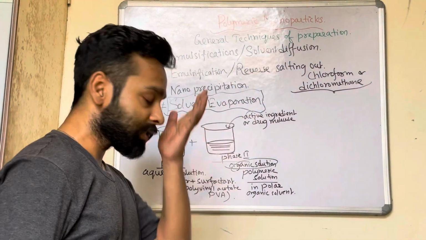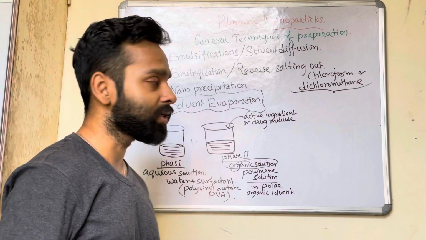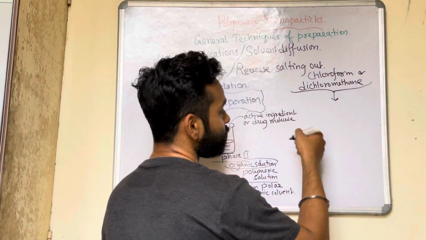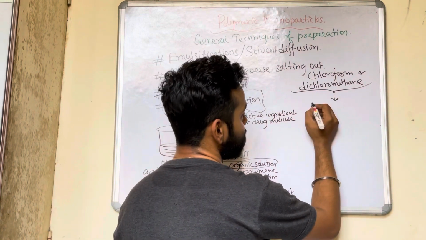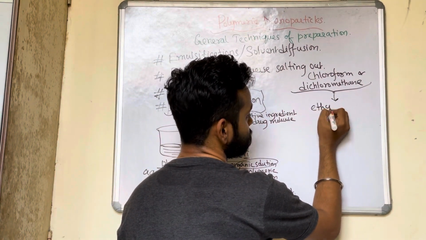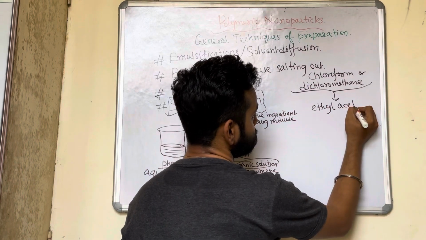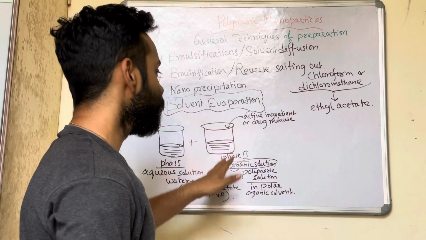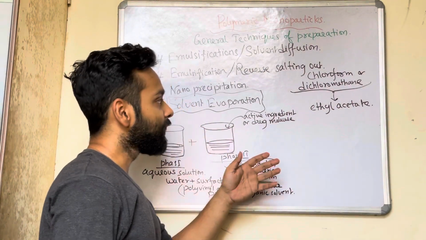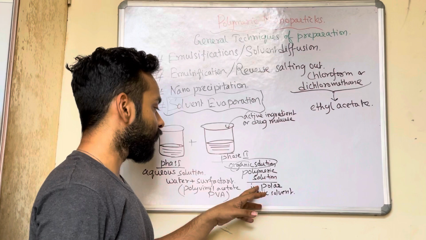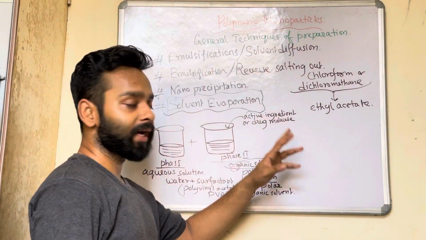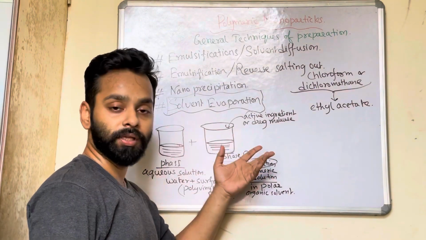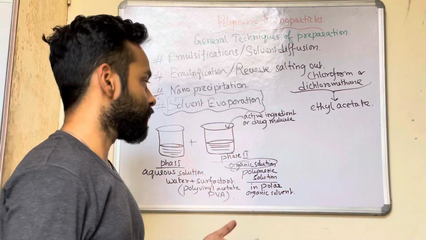But since these solvents have associated toxicities, these have now been replaced by milder solvents such as ethyl acetate. So the polymeric solution will be dissolved in a polar organic solvent, which can be ethyl acetate, and here we will be adding the active molecule or the drug molecule through dissolution or dispersion.